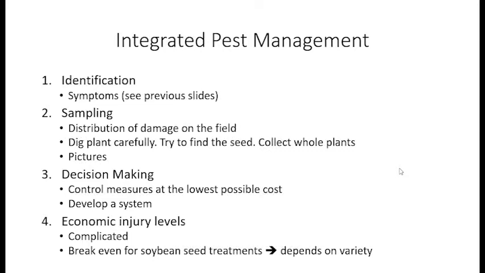It is a bit complicated with seedling diseases because there are so many pathogens out there, so many issues that could be causing the problem. And it's going to depend in a certain way: every farming operation should develop a system on how to make these decisions, right?